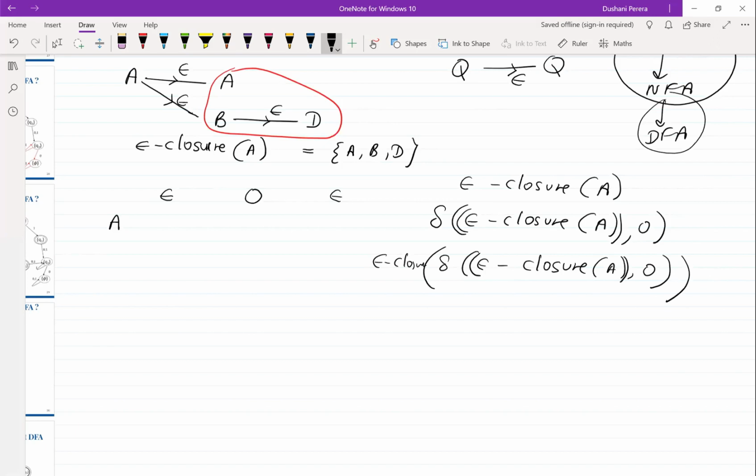That is what I'm doing in this table: the E closure, the transition result, then again the E closure of that. Now let's do the first step for A and see what happens.